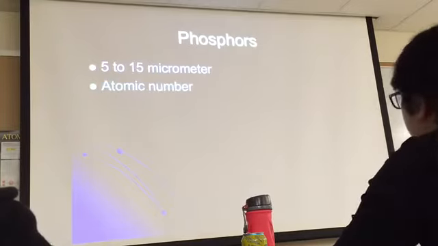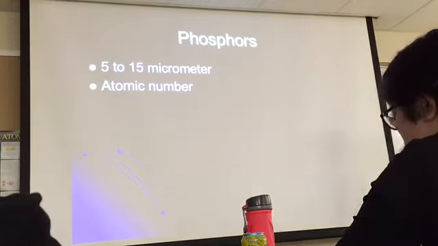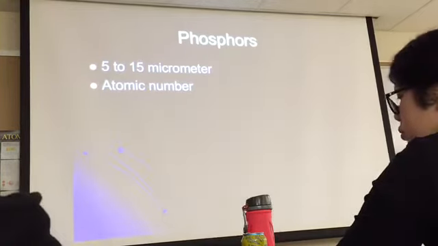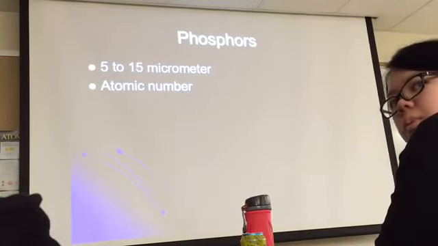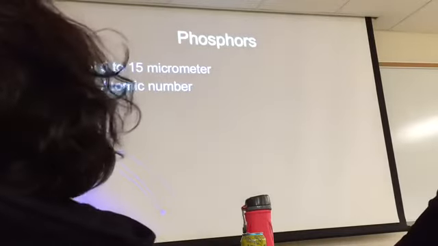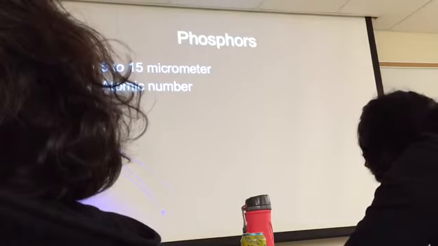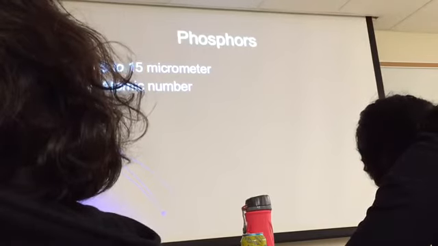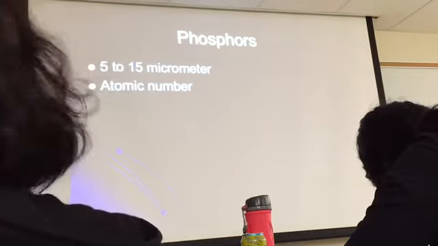They have high atomic numbers. For example, one of the common ones is gadolinium, and gadolinium is 64, pretty high. What's the other one? Yttrium, all the way up here, is 39.